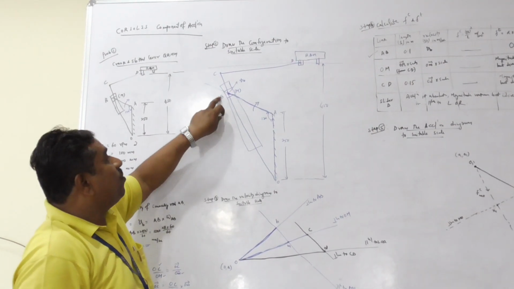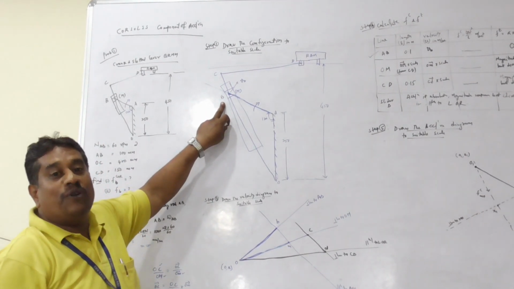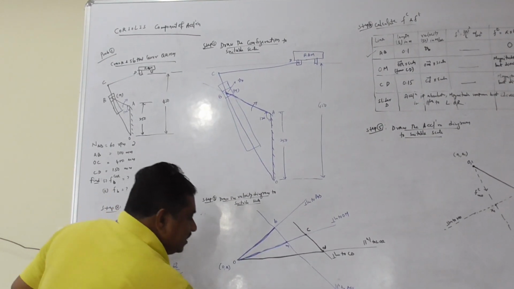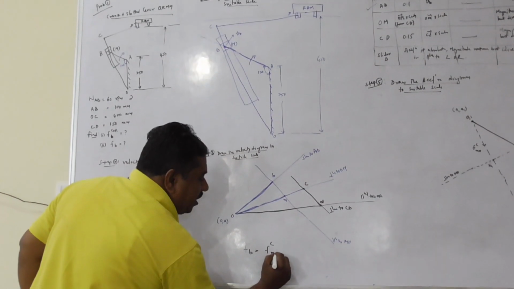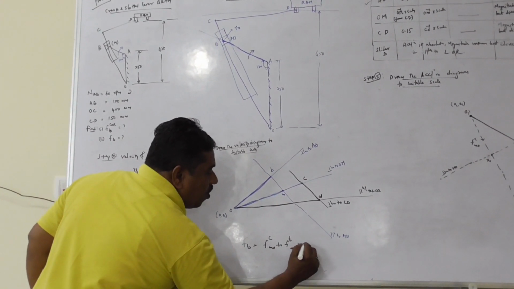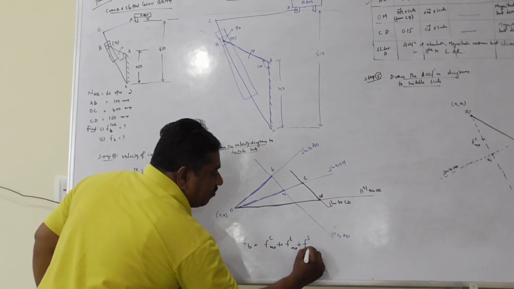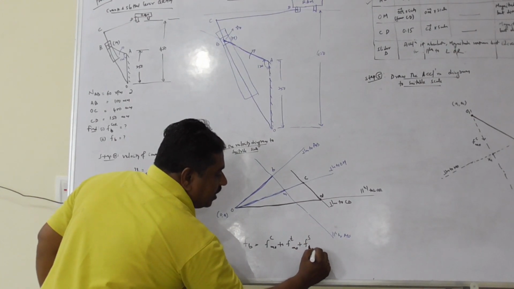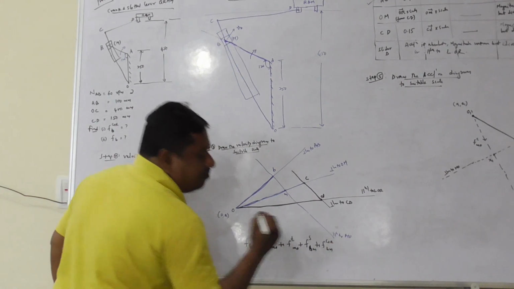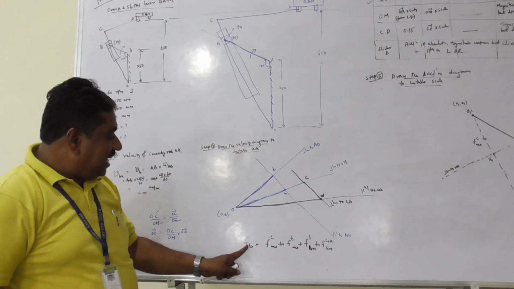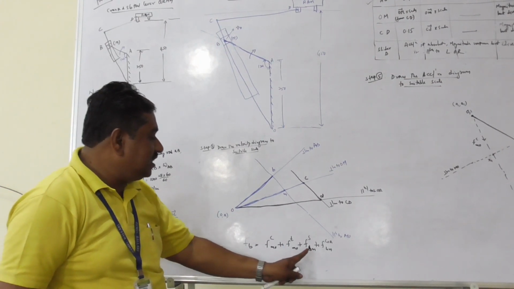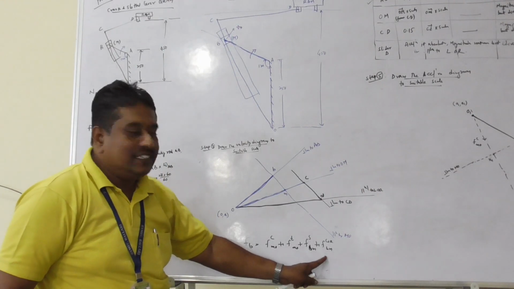Here the point B has 4 components of acceleration: centripetal component of M relative to O, tangential component of M relative to O, sliding component of B relative to M, and Coriolis component of B relative to M. That means acceleration of moving point B is the vector summation of centripetal, tangential, sliding and Coriolis.